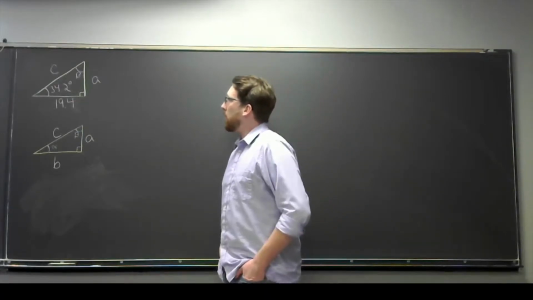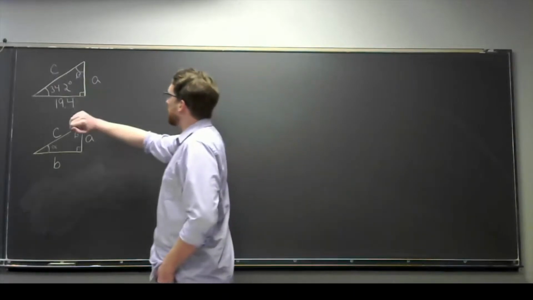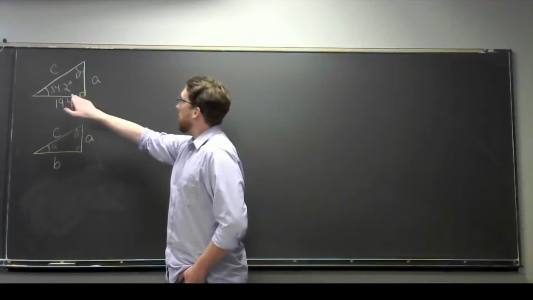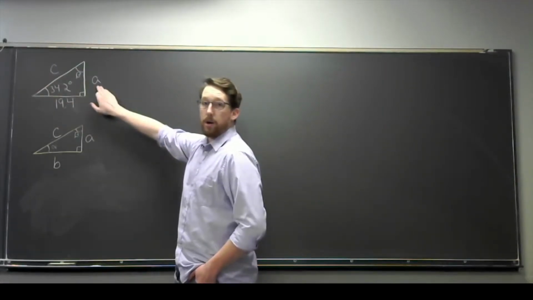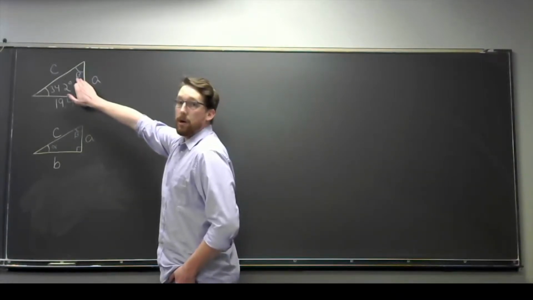To start off, I thought we'd start with this example up here. What we've got is a right angle triangle with two sides whose lengths are unknown and one angle unknown.